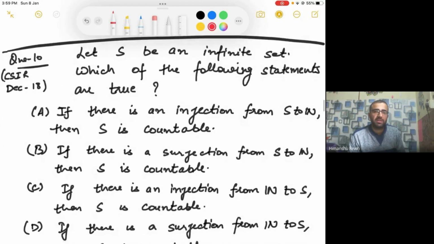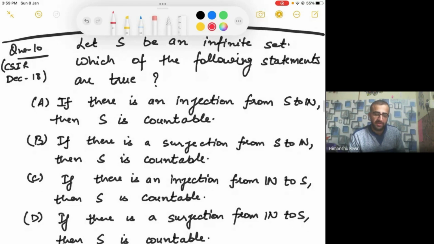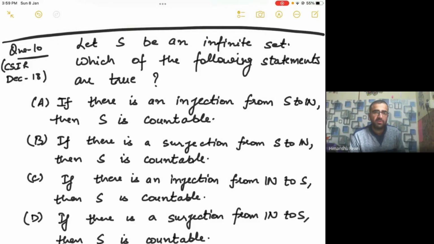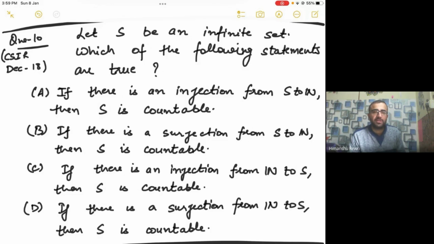So let's go to question number 10 now. Question number 10 says that if S is an infinite set, then which of the following statements are true? Option A: if there is an injection from S to N, then S is countable.